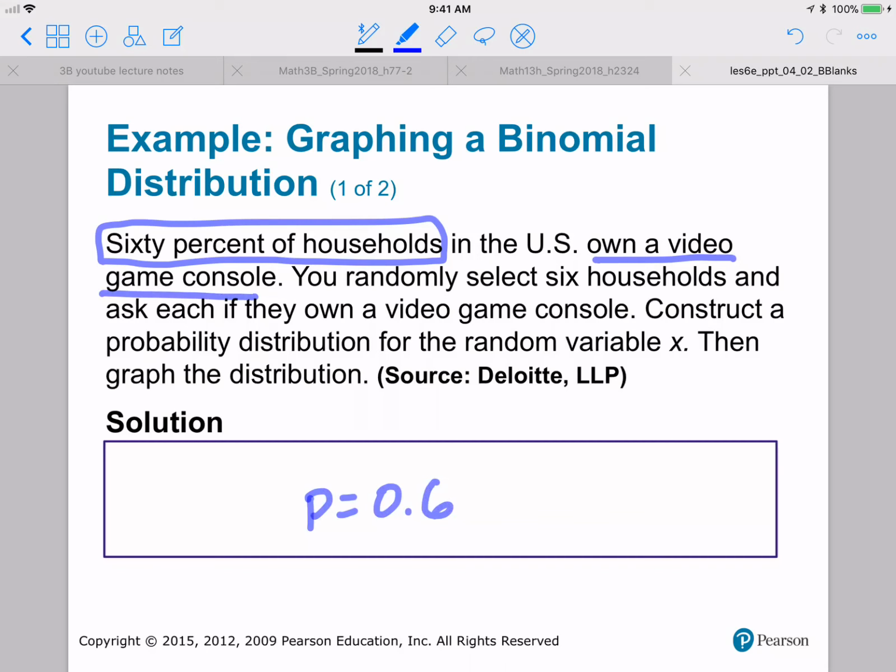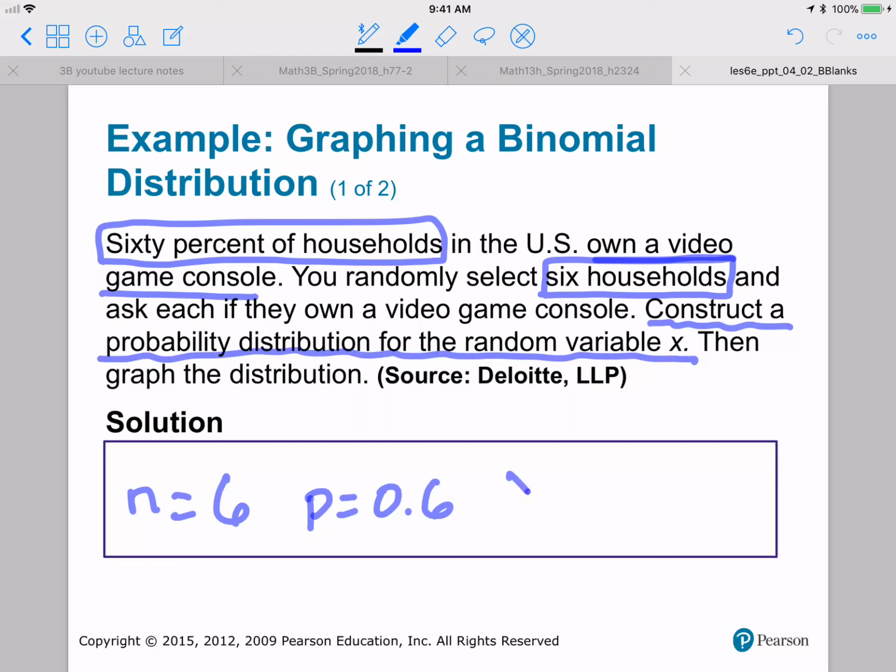Apparently it's 0.6 or 60%. You randomly select 6 households. So N is equal to 6. And the trial is asking that household, do you own a video game console, yes or no? We want to construct a probability distribution for the random variable x, then graph the distribution.